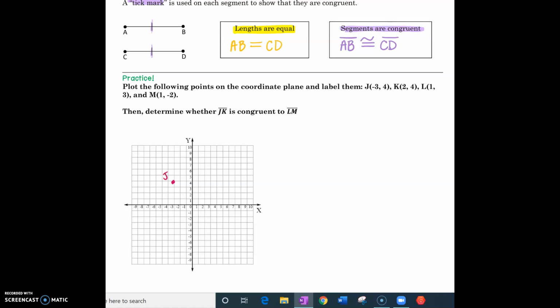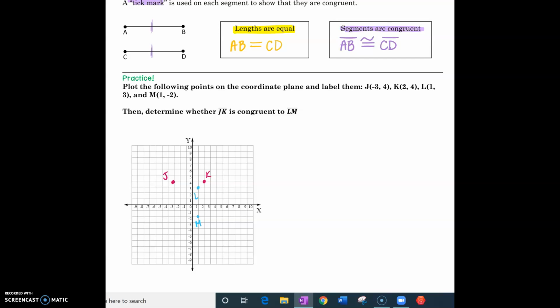So we have J. Next, we have K, 2 to the right, and 4 up. Next, we have L, 1 to the right, and 3 up. And then we have M, 1 to the right, and 2 down.